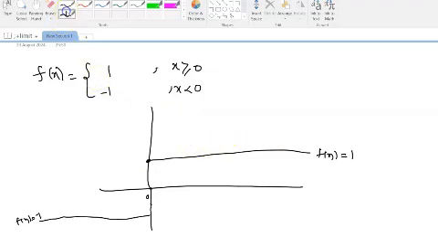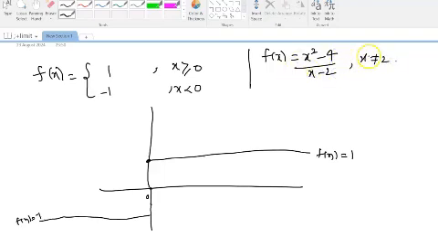So our previous function was not a piecewise function. Our previous function was f(x) equal to (x square minus 4) divided by (x minus 2) when x is not equal to 2. So we didn't say what would be the value when x is 2. So this is not a piecewise function.